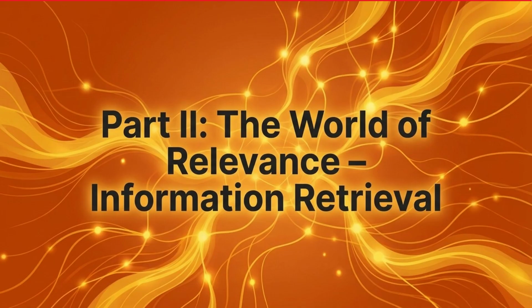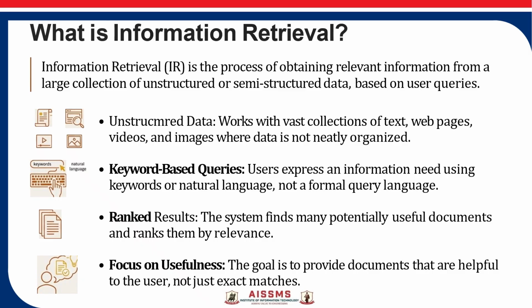Let's transition to part 2, the world of relevance, information retrieval. What is information retrieval? It is more like asking a knowledgeable shopkeeper for a good snack. They don't give you one correct item but instead suggest a variety of options ranked by what they think you will like best.